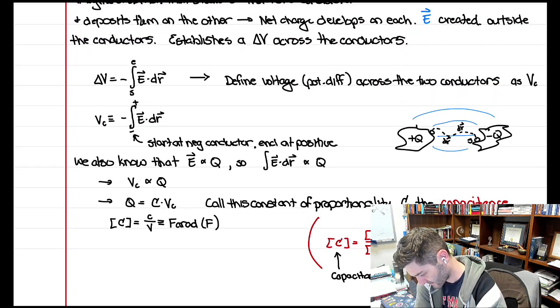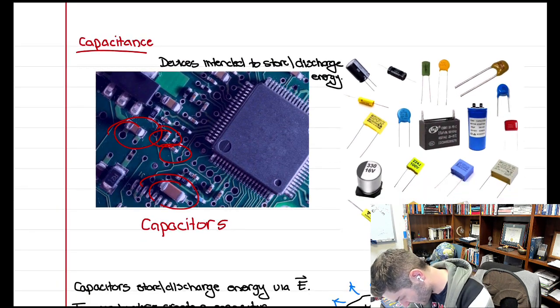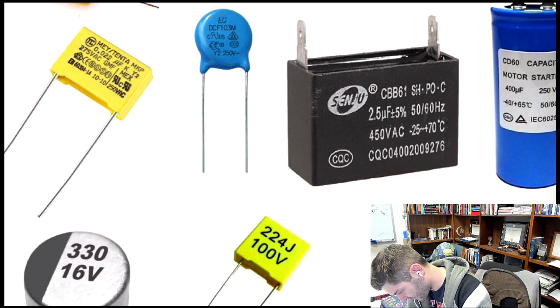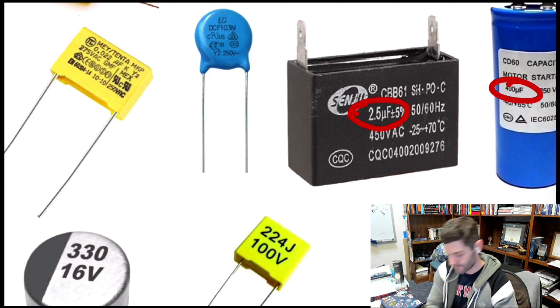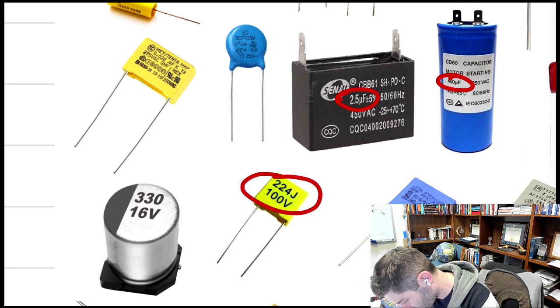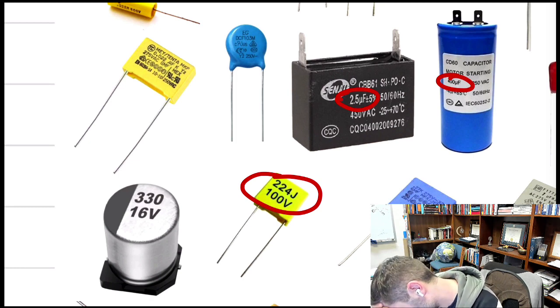So the unit that is associated with capacitance is the farad. And let's see, in the pictures up here, you might be able to see that written on some of them. Like right there, this one is 2.5 microfarads, plus or minus 5%. Here's 400 microfarads. Some of these give an energy and a voltage, which we'll get to how energy comes into this in a second. Let's see, any more farads?